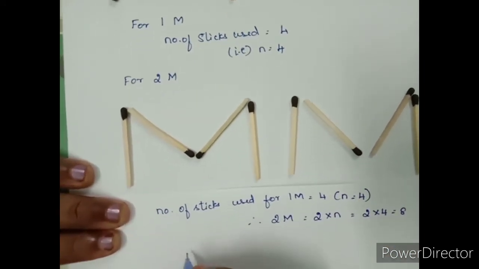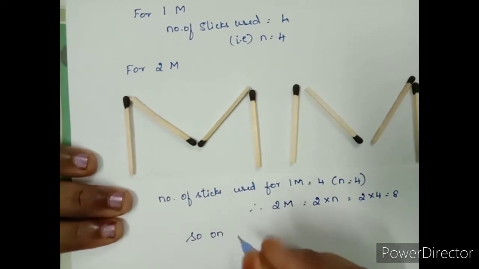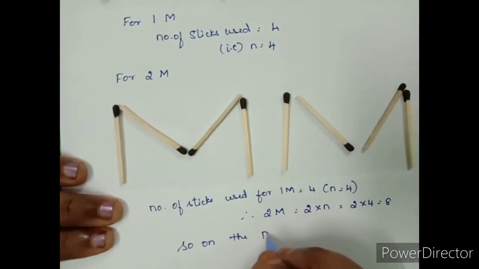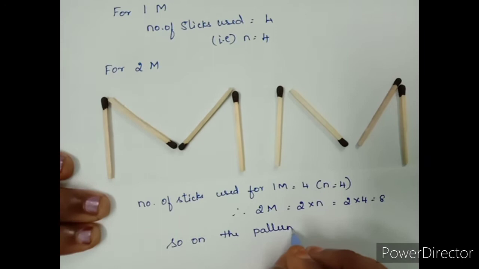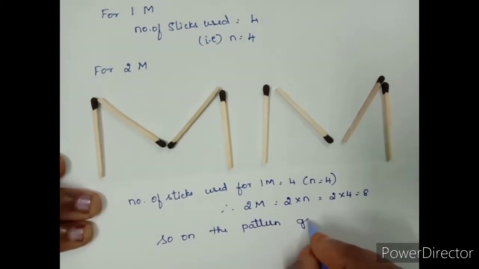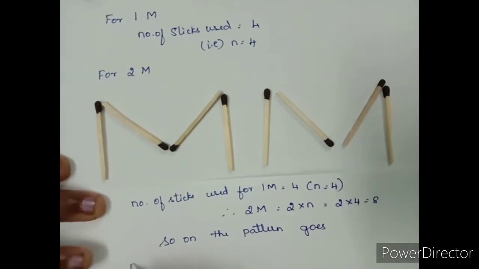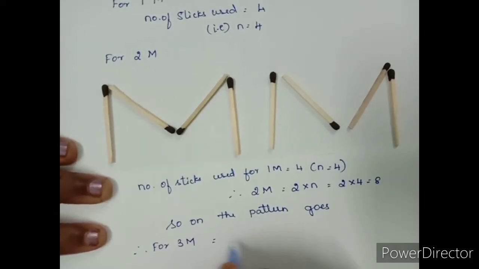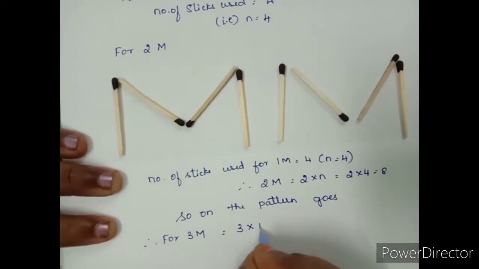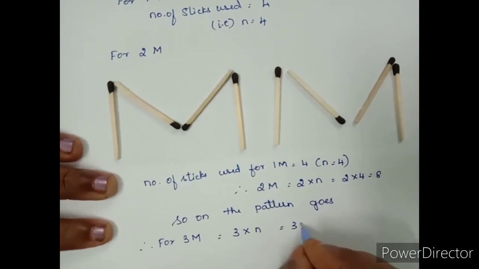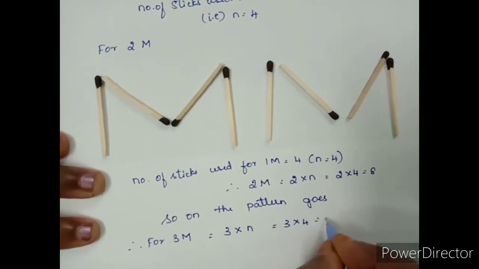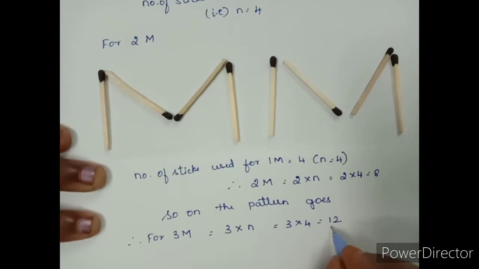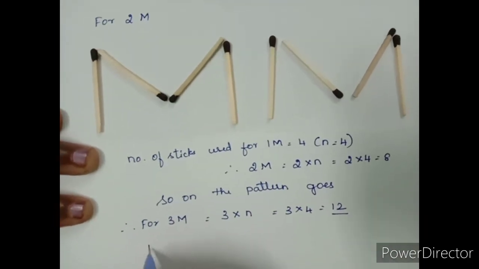So on the pattern goes. For 3 M, 3 times n, so 3 into 4. For 3 M, we will be using 12 sticks.